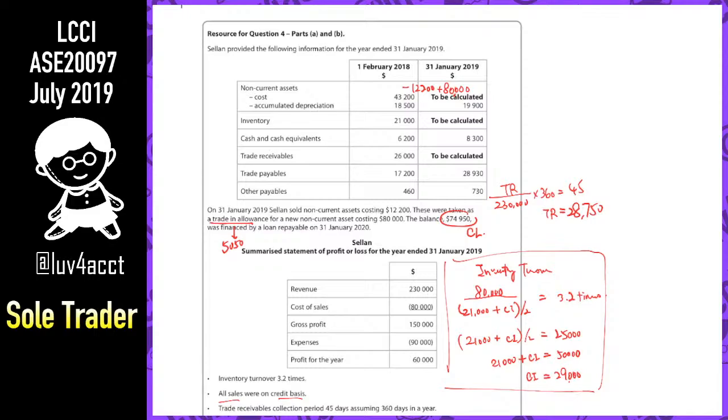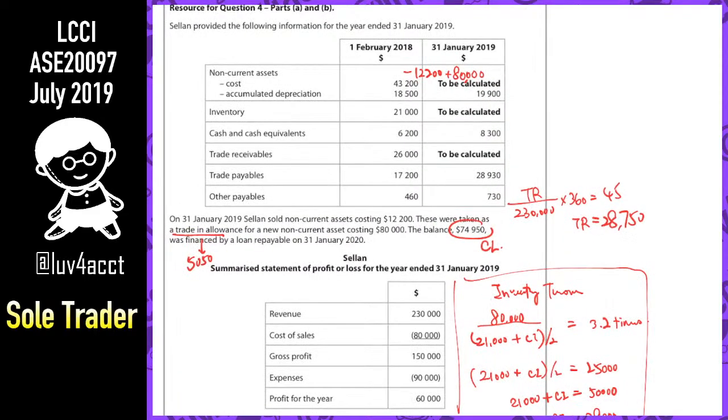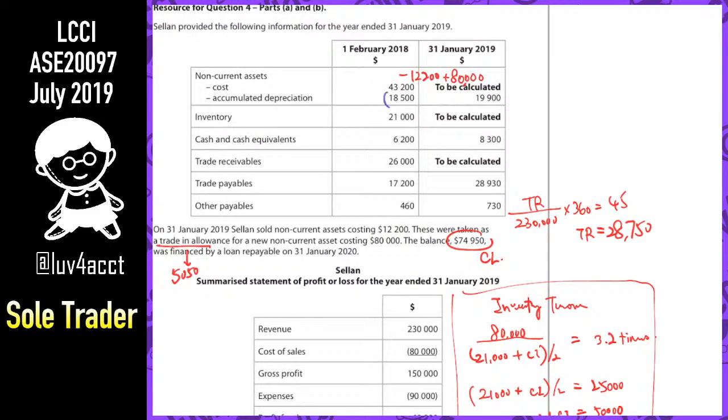Do you need the opening? You can use this one to find the opening balance. So let us calculate the opening balance: inventory, cash and cash equivalent, trade receivable, payables. When we add these things up, we will find our opening equity.